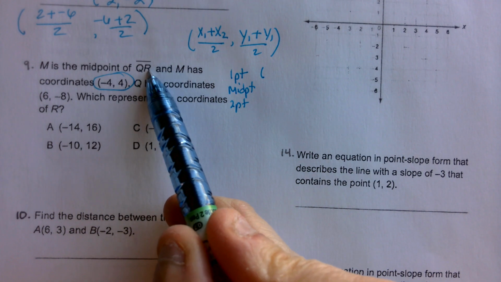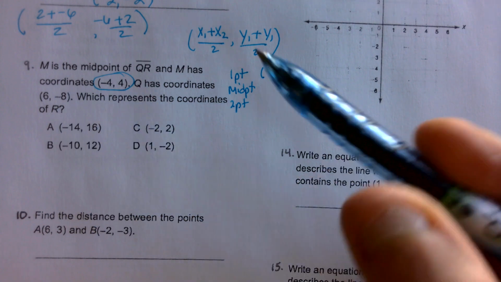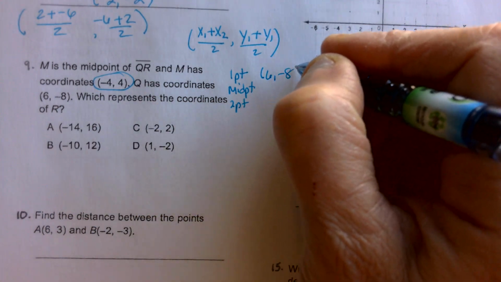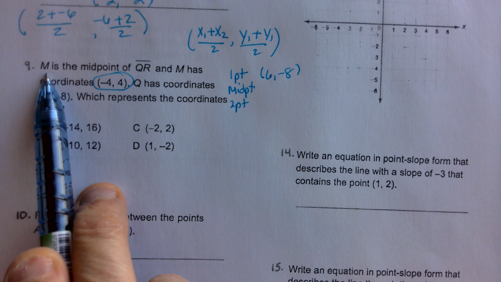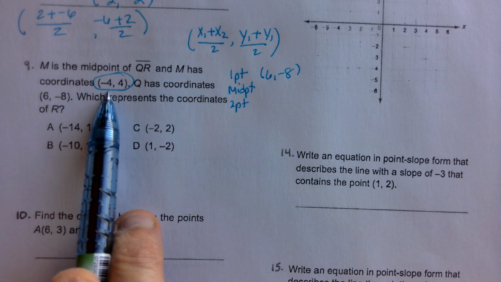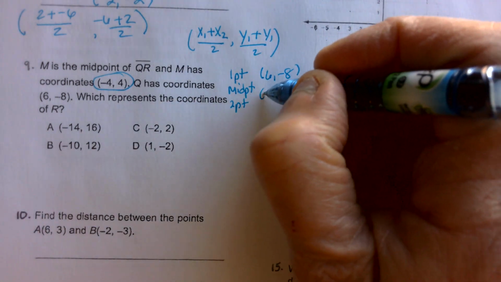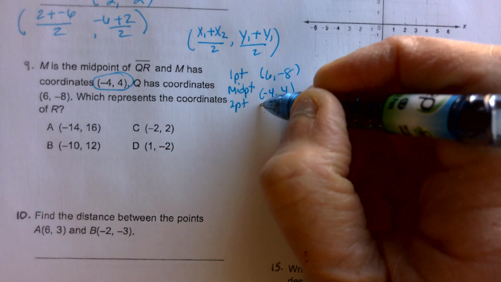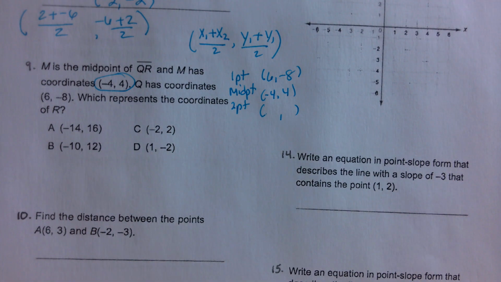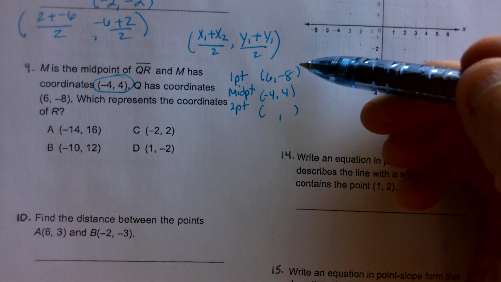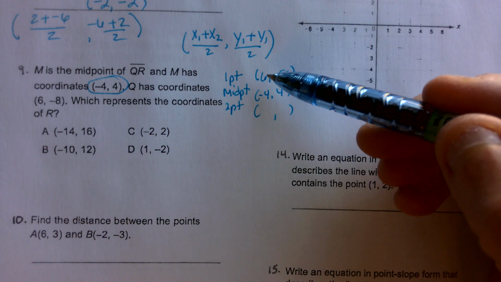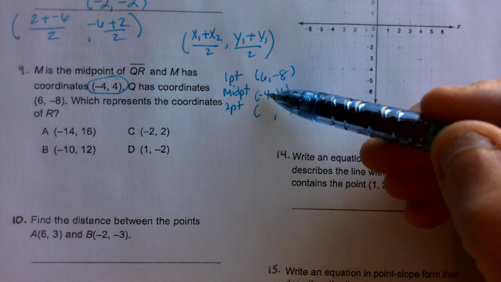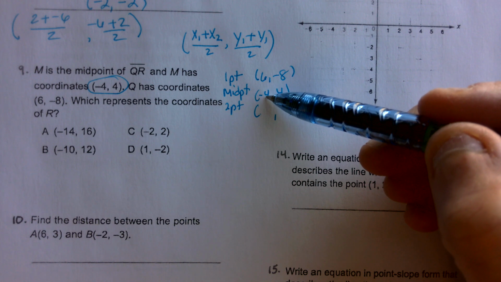So the first point, what is the actual coordinate they give you of one end? Q is one of my ends, and so is R. So they give you Q, and it's 6, negative 8. The midpoint always goes in the middle. M is the midpoint, and M has a coordinate of negative 4, 4. And then you're trying to find the point on the other side, right? Because the midpoint's in the middle. So if you just look at the difference between the first two, it will continue in that same direction. So when you go from a positive 6 to a negative 4, what are you doing?